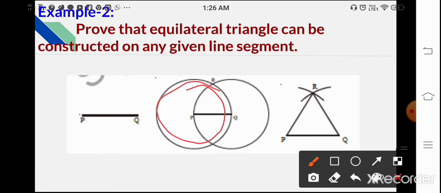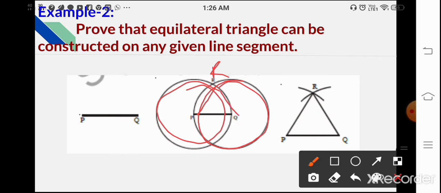With center Q, with radius QP, draw another circle like this. The intersection of these two circles is R. Join P and R, Q and R.